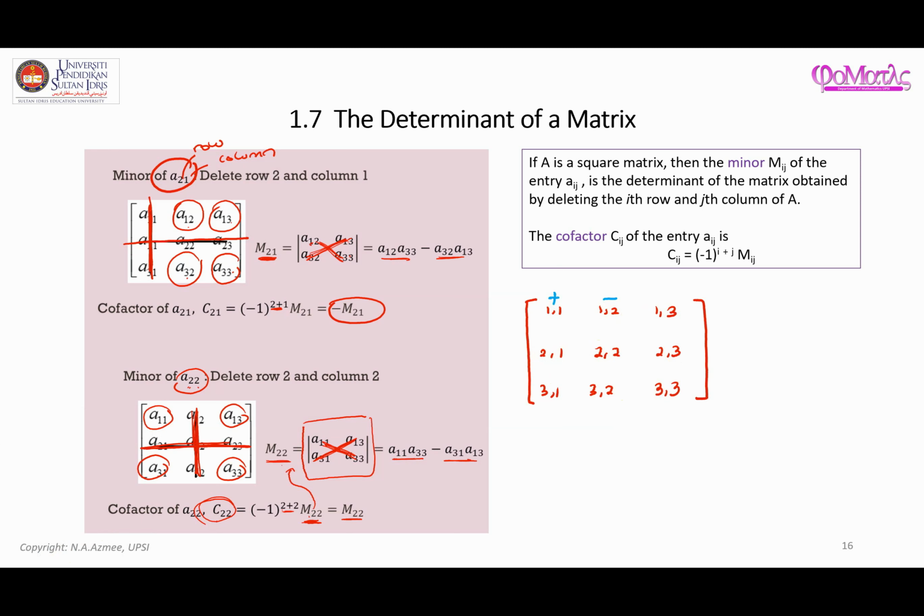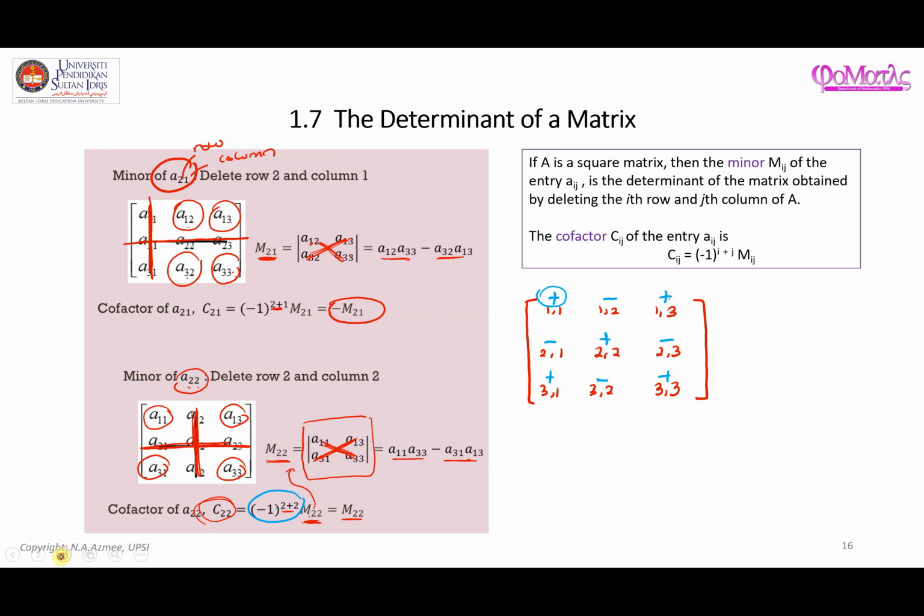The cofactor is going to be negative. 1 and 3 is going to be positive. So basically, if you know that this is going to be positive, everything else is just going to alternate. So here is going to be negative, positive. At the bottom is going to be negative, then positive. This one is going to be positive, of course. Well, 2 plus 2 is 4. Negative 1 to the power of 4 is going to be positive 1. This is going to be a negative sign for the cofactor. This is going to be negative, this is going to be positive.